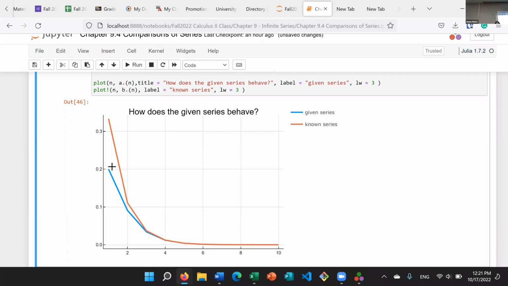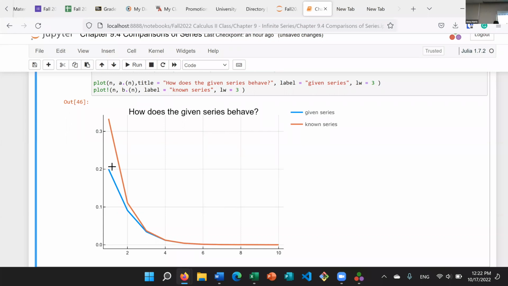That's how you know. Your red one is the one you came up with, which is 1 over 3n. So you can see graphically that the one you came up with is bigger than the problem series.